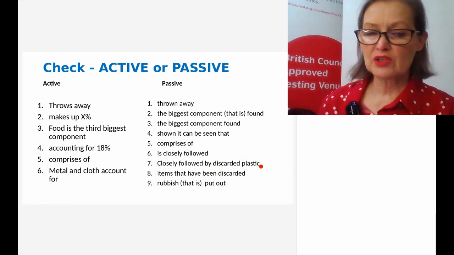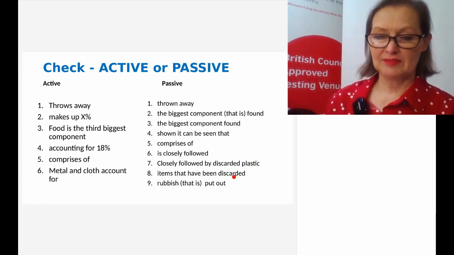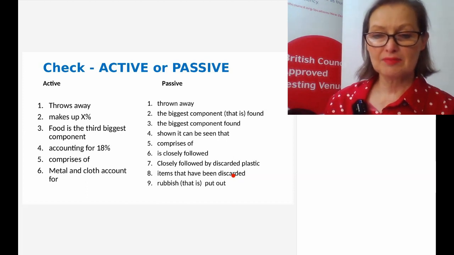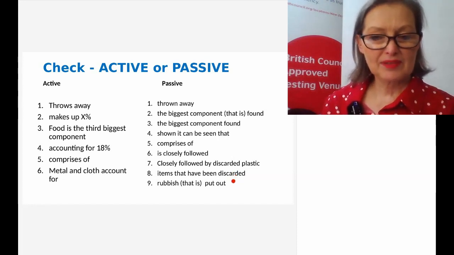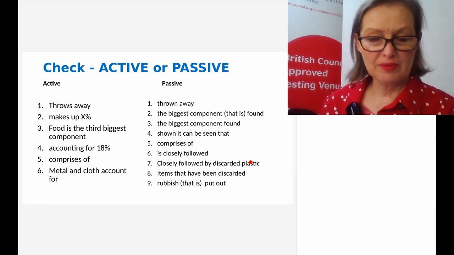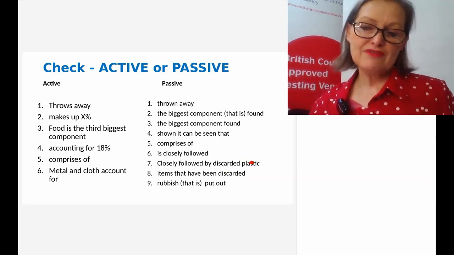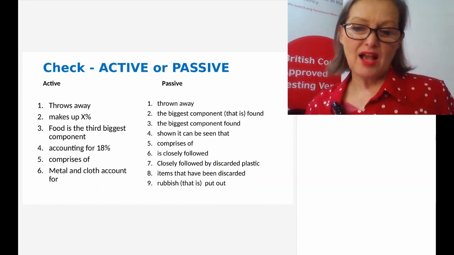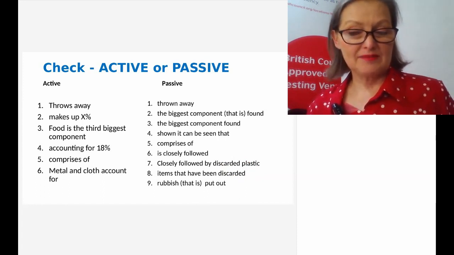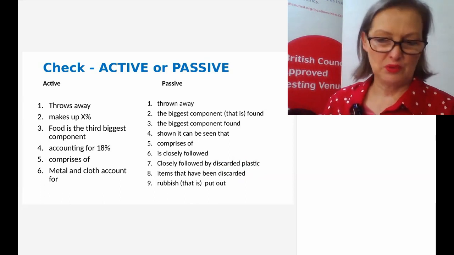But have another look at sentence number 7, closely followed by discarded plastic. So whereas in sentence number 8, I'm using discarded as my verb, when I rephrase it, discarded plastic, it becomes my adjective in a way, doesn't it?